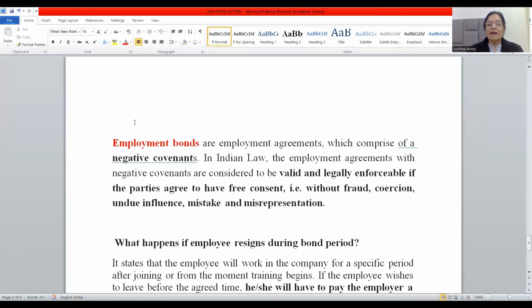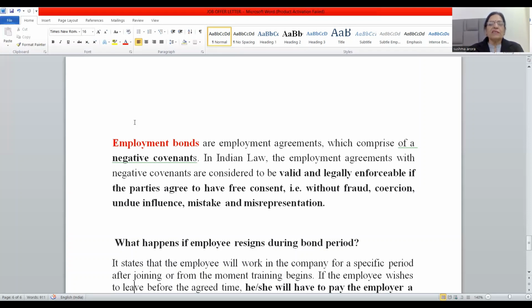Then the employer expects that since a lot of training has been given and expenditure has been incurred, the employee will not leave the company. Then the employer tells the employee to fill a certain bond for 2 years or 3 years. Okay. So what is the meaning of bonds?